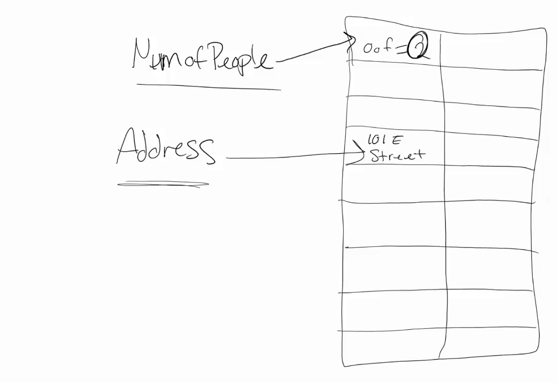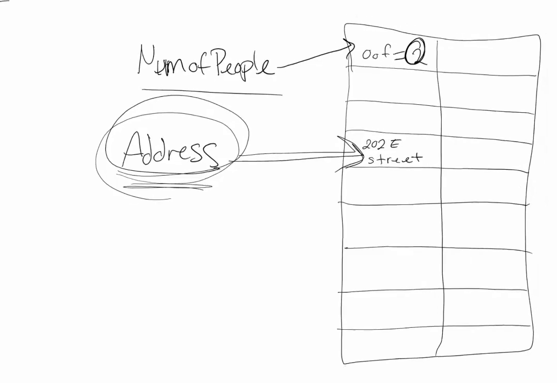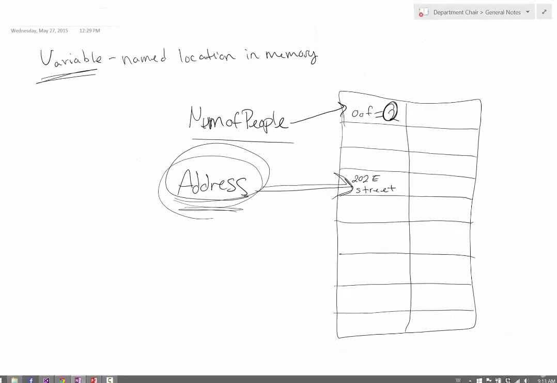And so my new address is 202 East Street. Well, then I can write code that takes address, the variable, and changes that in memory to 202 East Street. And now every time I reference my address, it points to the correct information. So that's just an introduction to variables. And variables are something that we'll use in every part of our application. And so I just want you to understand what it is that we're talking about when we use variables.